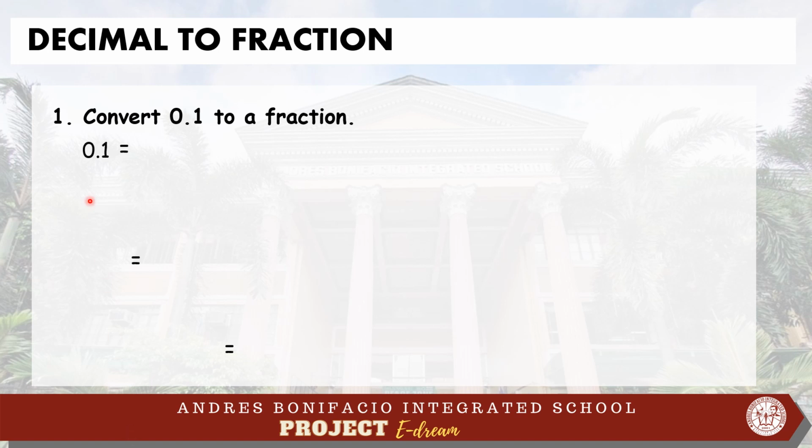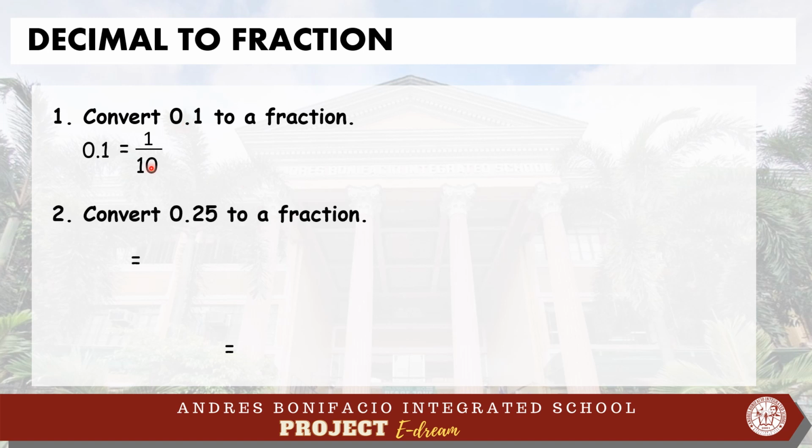Kokopyahin lang natin yung decimal natin which is 1. So yun po yung ating magiging numerator. So, paano po yung ating denominator? So, babasahin natin. So, this one is our decimal point. So, pag binasa natin to ay tenths. So, ibig sabihin, yung ating denominator ay 10. So, 0.1 is equal to 1 tenth.